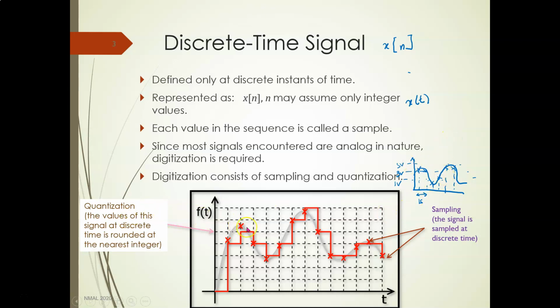First we sample, and then we do the quantization, in which the values of this signal at discrete time are rounded to the nearest integer. You can put it in terms of 1 and 0, or you can also put several levels. For example, if you sample here, you put this one as 5 volt, because it is nearer to 5 volt than 3 volt.